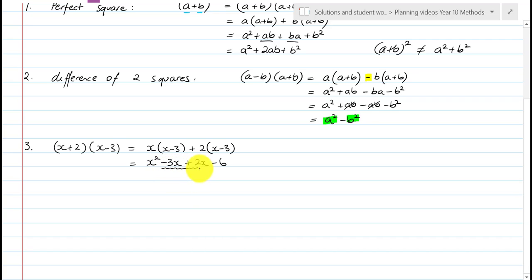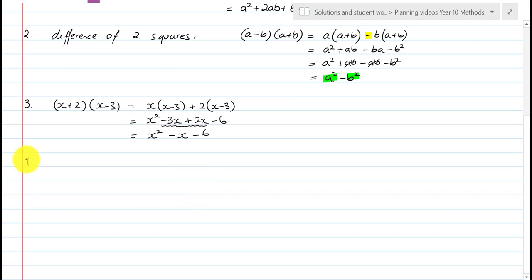Usually you'll find that these two central terms will combine together, particularly when we're dealing specifically with quadratics within this topic. So we get our quadratic term x squared, then we get our remaining linear term, negative 3x plus 2x is negative x, and minus 6. And so there's our simplified quadratic expansion.